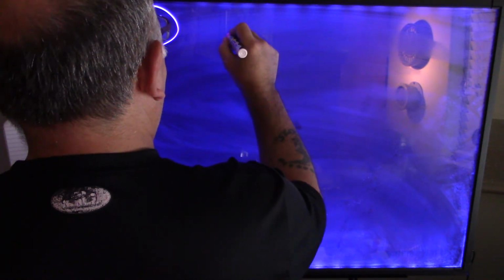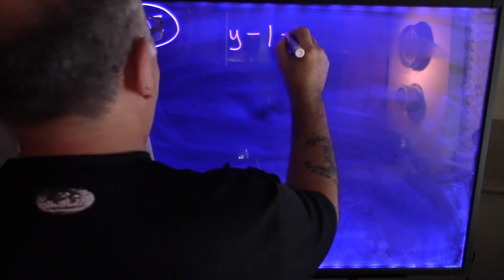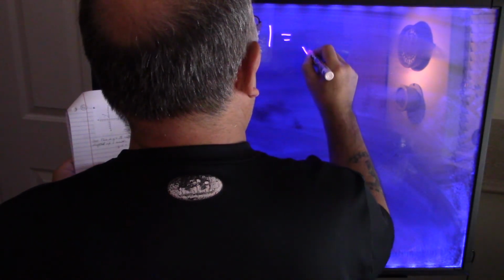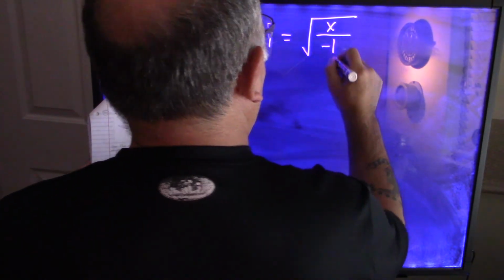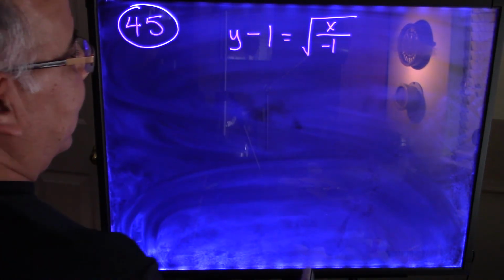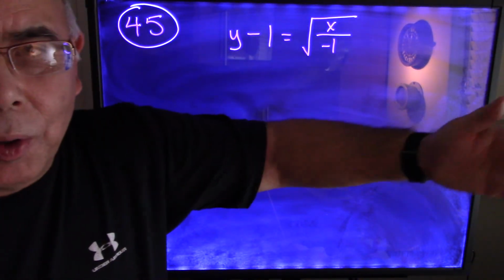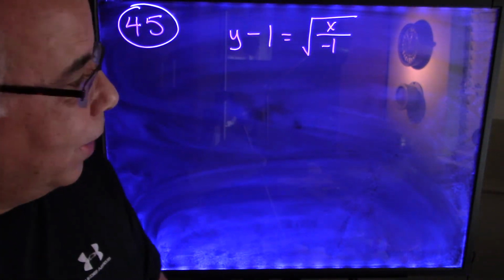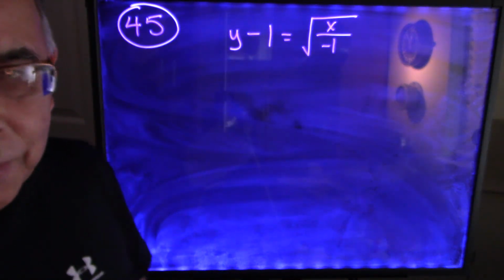So it's y minus 1, that's your upshift by 1 unit right there, equals, and then you take the square root of x divided by negative 1. So that tells you there's a reflection going this way, in the same direction as the x-axis or across the y-axis.